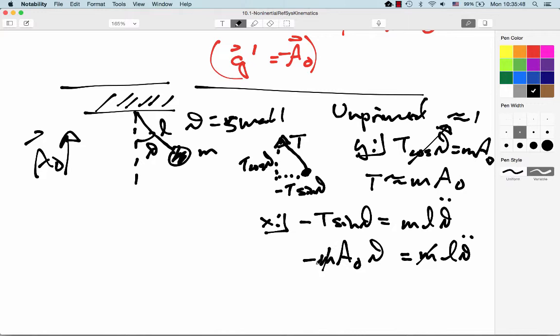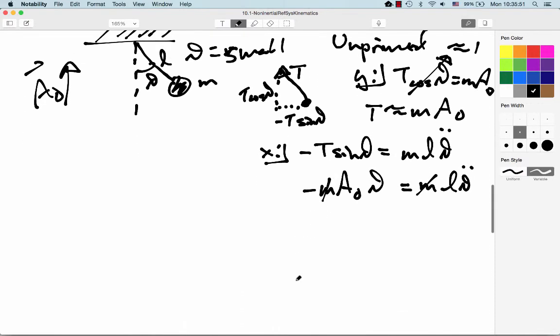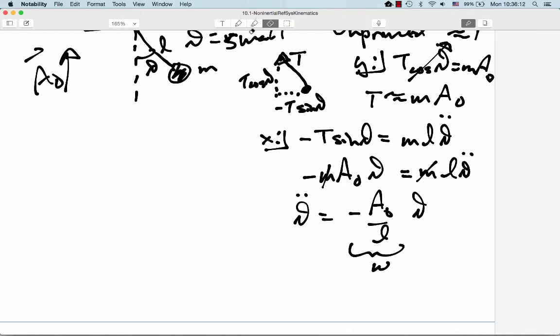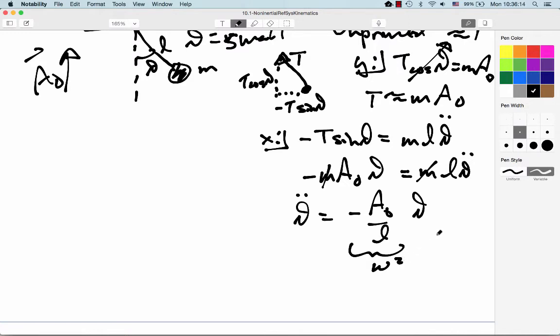Cancel, cancel. And we get theta double dot equals minus a naught over L times theta, and we would identify that as our omega squared. So we would conclude that omega equals root a naught over L.